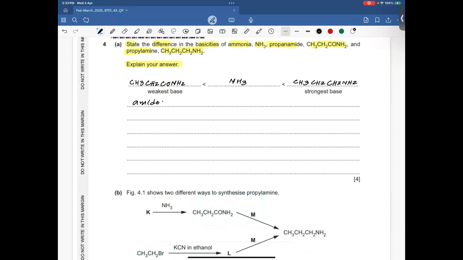Amides are neutral because the lone pair of nitrogen is delocalized with the pi bond of oxygen.